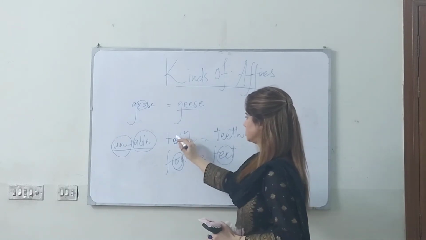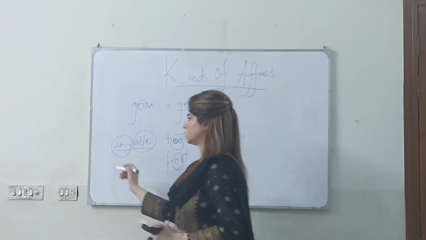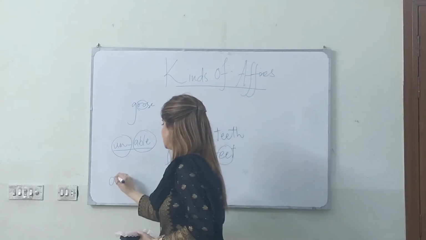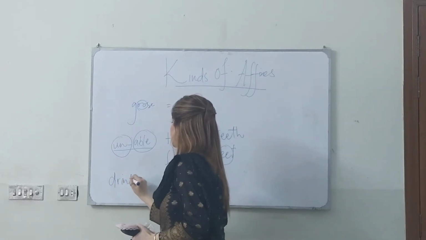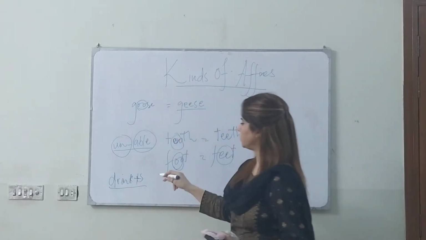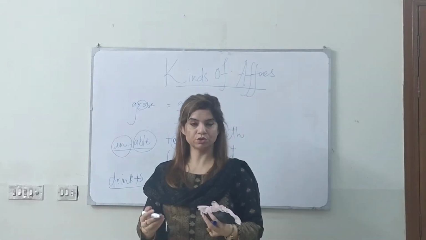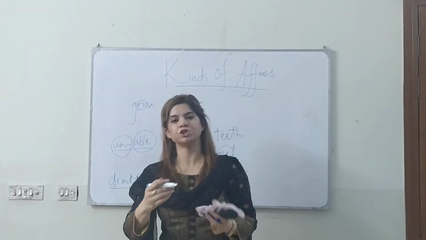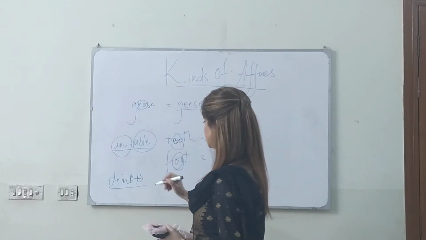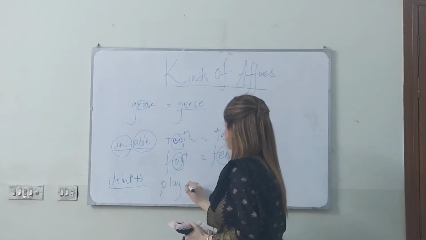Sometimes we don't change the central morpheme, we just add little tiny letters, like we did in the last video, that was drink, and we add s, and you know very well that if we add s, it will become present simple, and we use it with singular nouns, he, she, it. He drinks water. And sometimes if the word is play, what will we add to it?